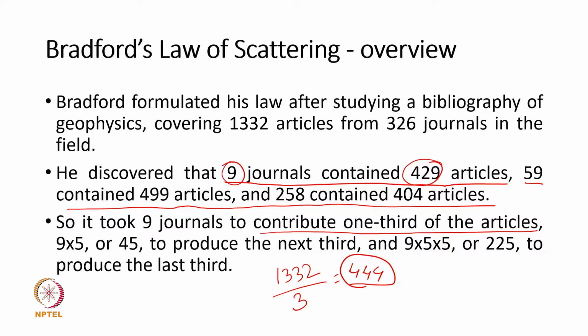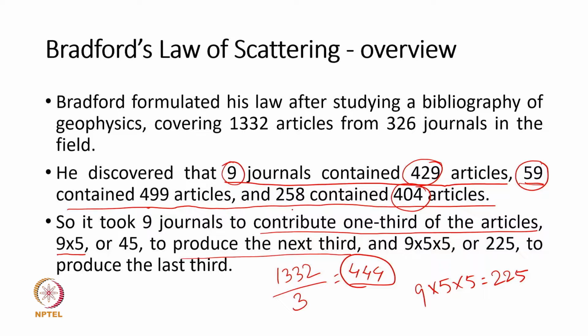In the next phase, he found that 9 into 5, that means 45, journals produce the next one third. Here in the actual scenario, 59 journals produce 419 articles, and the next 9 into 5 into 5, that means 225 journals, produce the next one third, 404 articles.